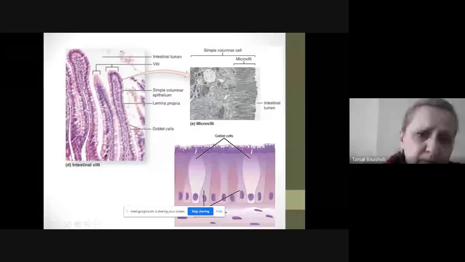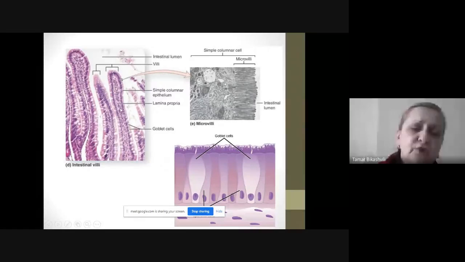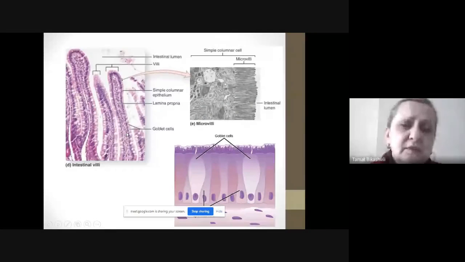Here, intestinal villi with two different types of cells, the absorptive cells, and these are the goblet cells, secretory cells. Then, of course, here is the lamina propria, which is connective tissue. It means in the lamina propria there are fibroblasts, and also lymphocytes.